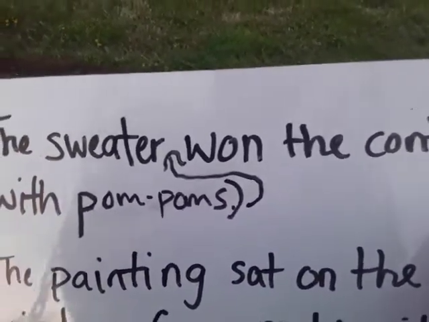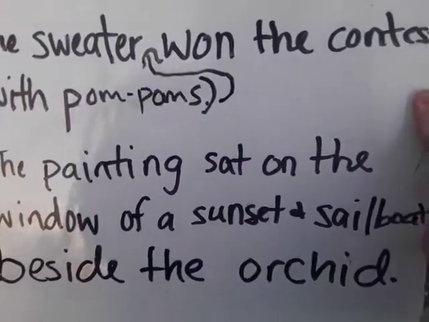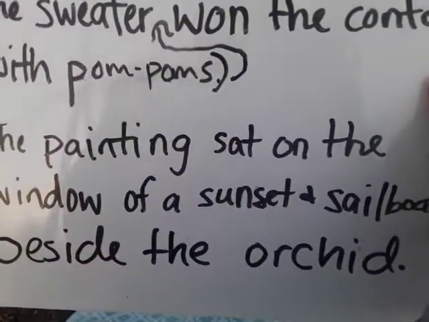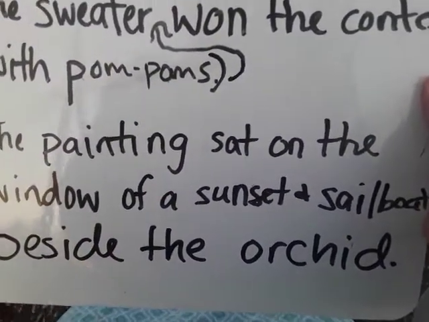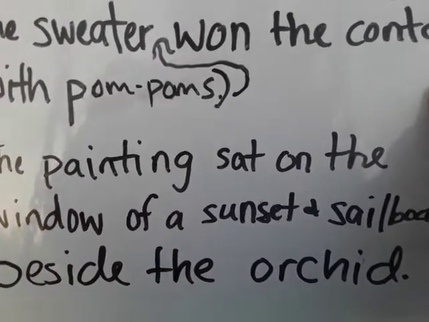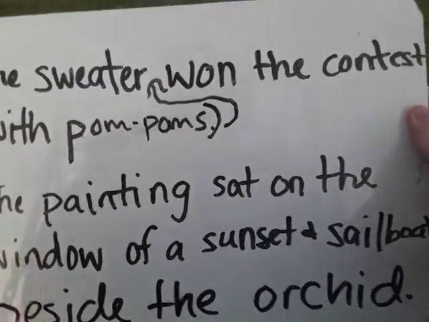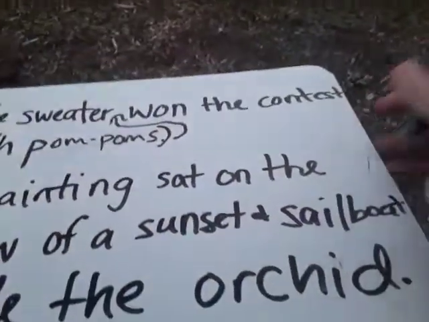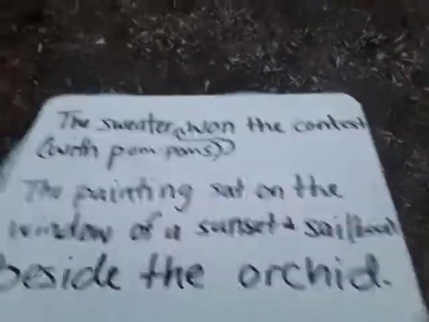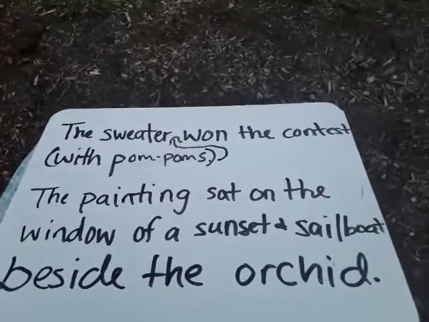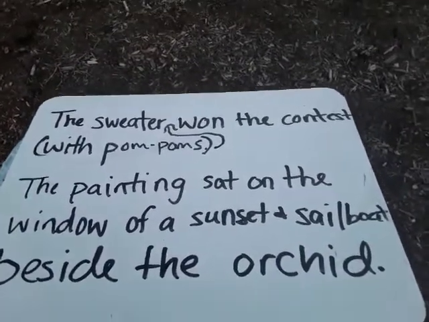Okay? Let's look at this next sentence. This is all jumbled up. The painting sat in the window of a sunset and sailboat beside the orchid. Okay, so let's start off by first finding our prepositional phrases again. I'll give you a few minutes to find them, and then I will put parentheses around them.